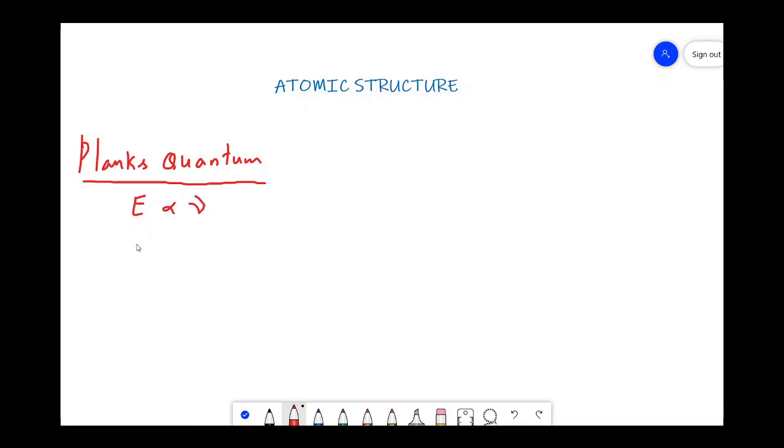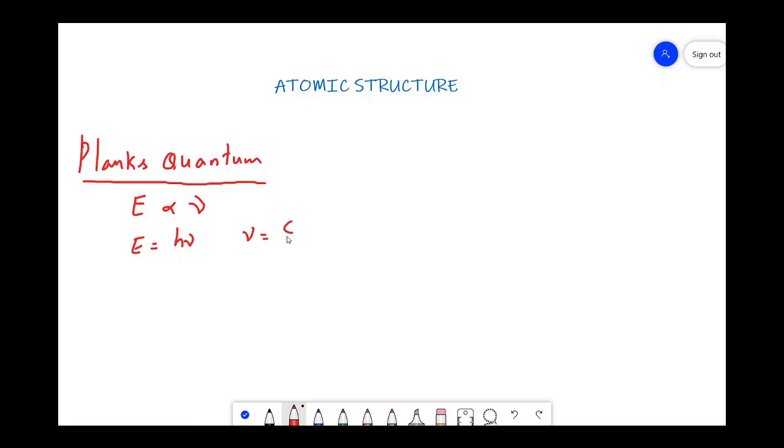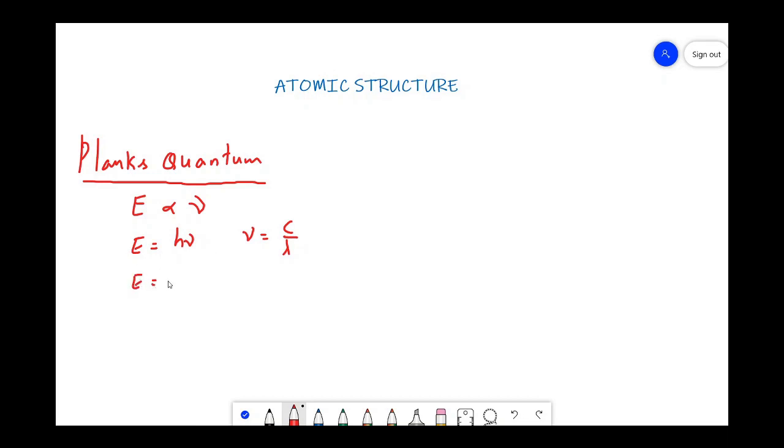To remove this proportionality, we have to write E is equal to h nu, where nu is nothing but c by lambda. So you can also write this equation as E is equal to hc by lambda.